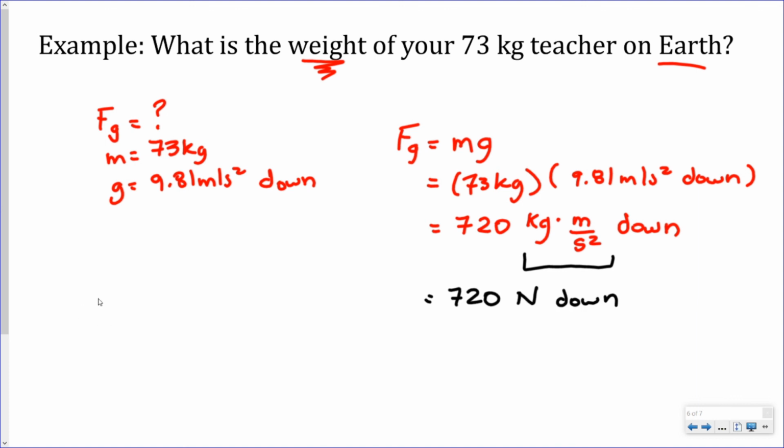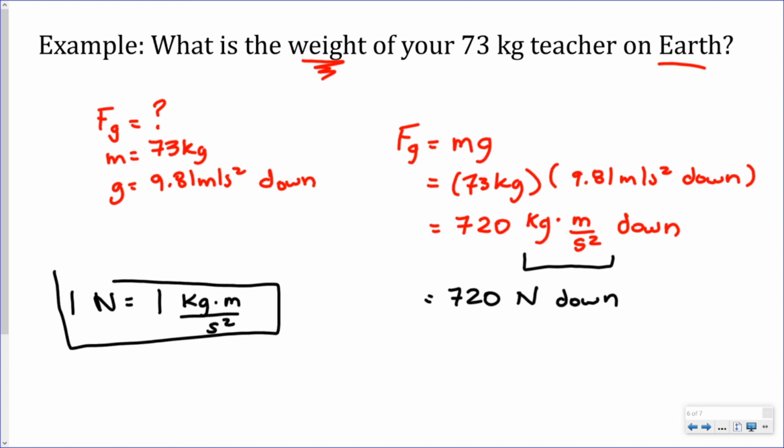Maybe you want to write in your notes that 1 Newton is defined as 1 kilogram meter per second squared. That's actually the definition of the unit Newton. So you can feel free to leave your answer either way.